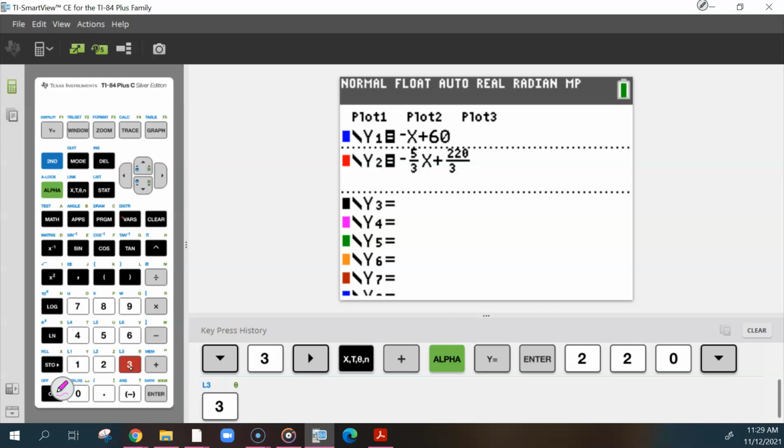Once you have both of these in your y equals, you're going to hit graph so you can see them.